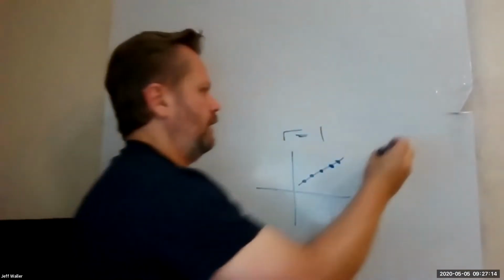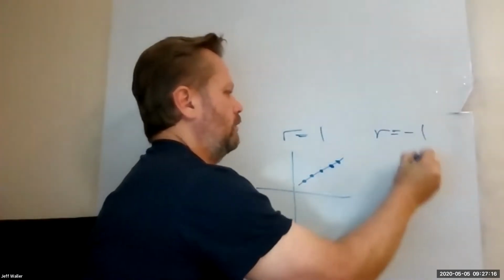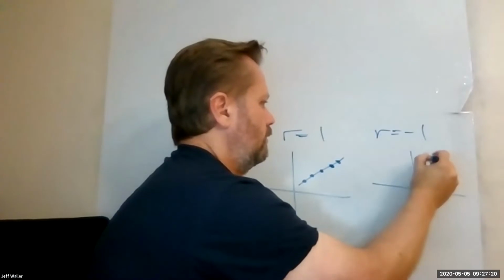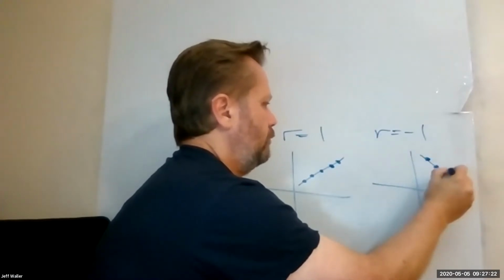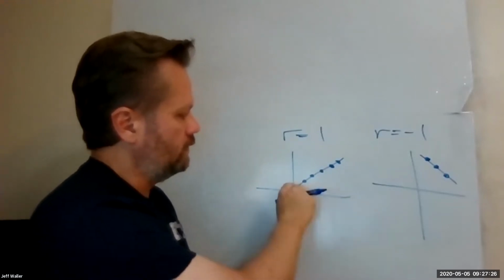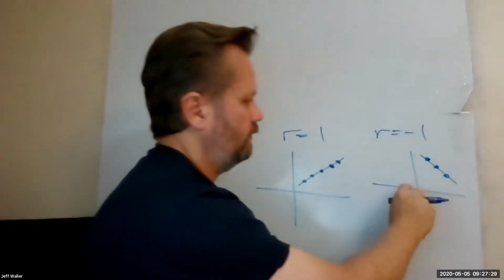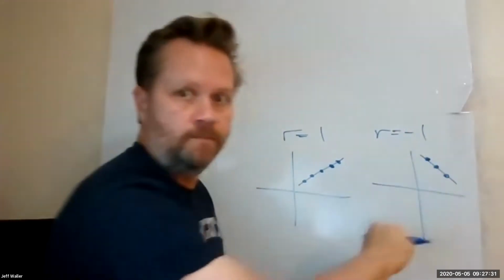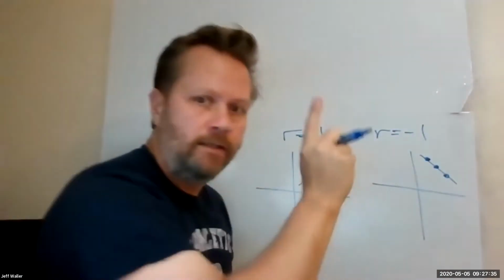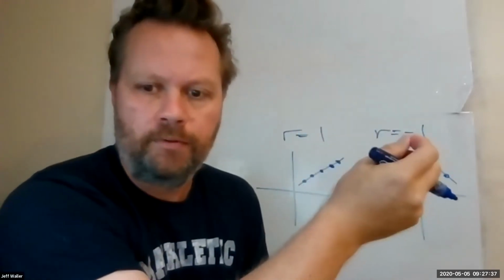If I had R equal to -1, incredibly enough, that would be lined up on a negative slope line. So this one is, as this variable increases, so does this one. And this one is, as this variable increases, this one decreases. So the sign is related to the slope.